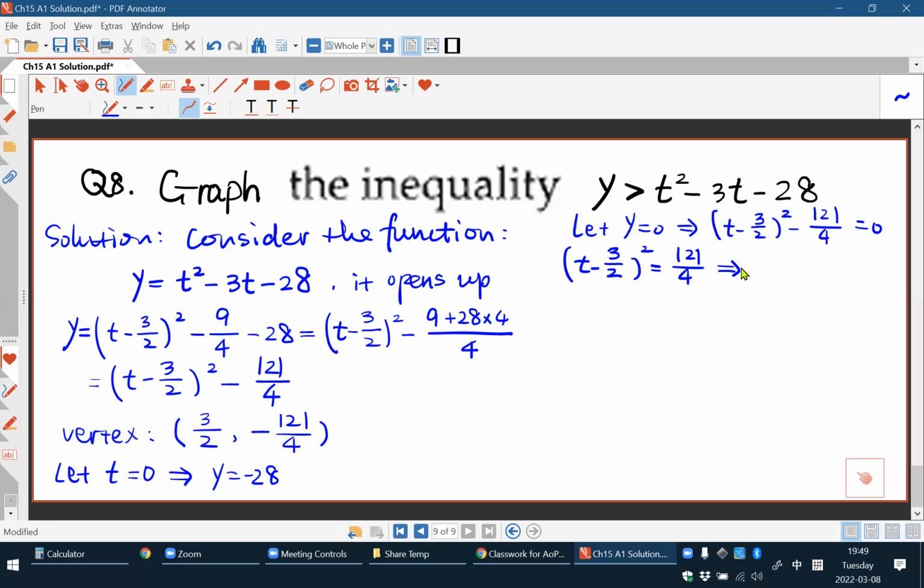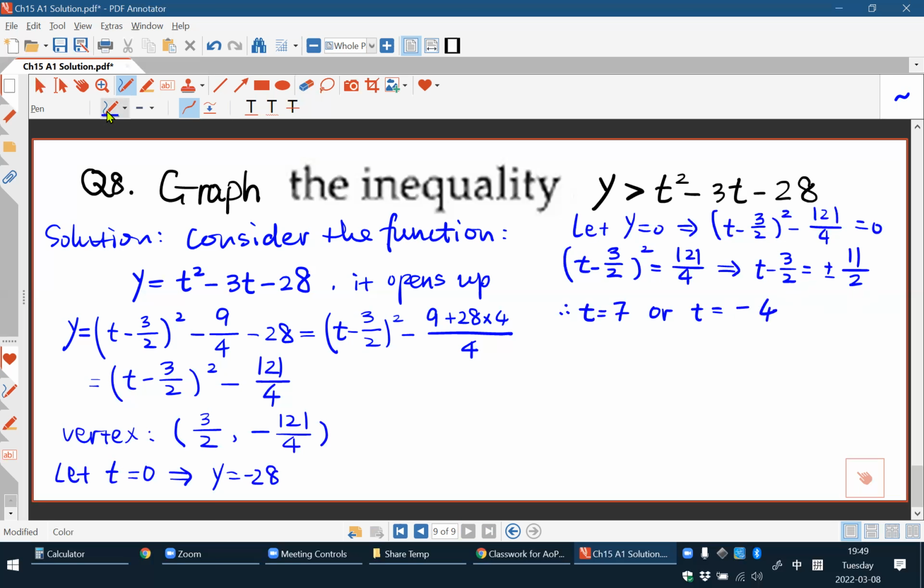Okay, that means t minus 3/2 must be positive or negative square root of 121/4. Fortunately, 121 is a perfect square number here. So this is 11/2, right? Therefore, t is either positive 11/2 plus 3/2, which is 7, or t is negative 11/2 plus 3/2, which is negative 4, right?